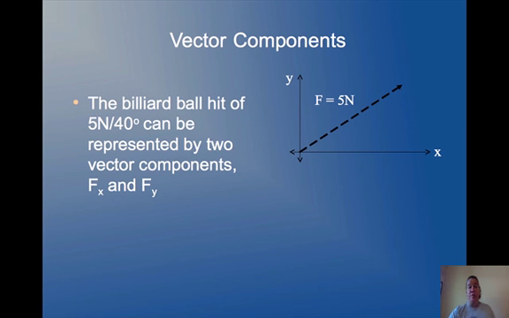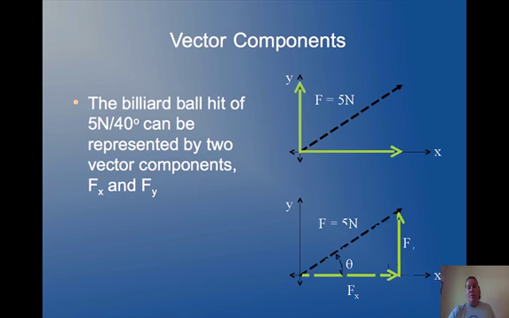So we can break that resultant force, the 5 newtons, down into its component vectors. That is Fx and Fy, which are exactly the length in the x and exactly the length in the y, because they're exactly the value in the x and exactly the value in the y, add up to be F. So just like we do mathematically with a right triangle, we can say our vectors Fx and Fy add to be F, or F is the result of the two components Fx and Fy.